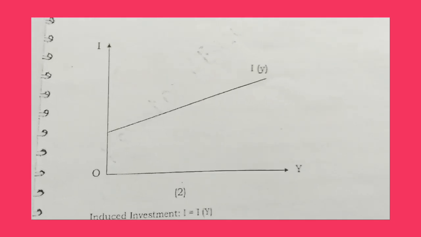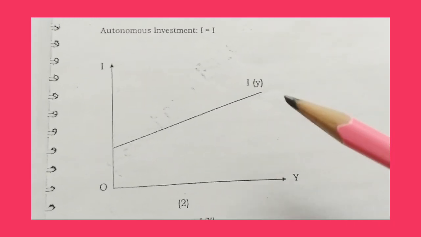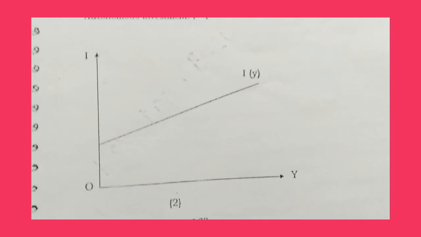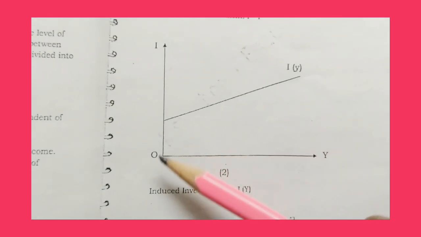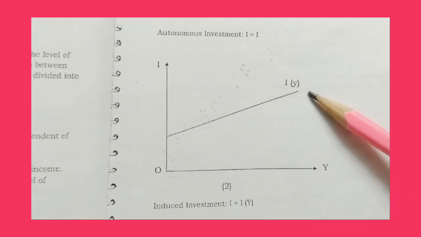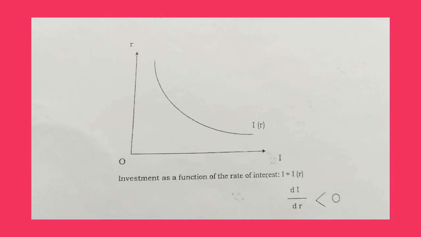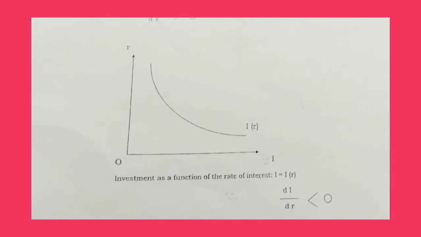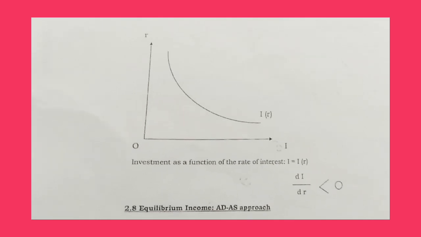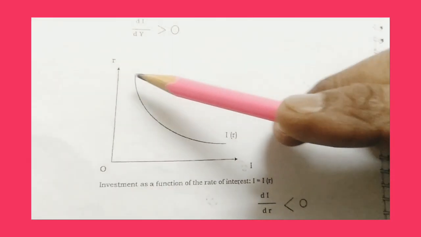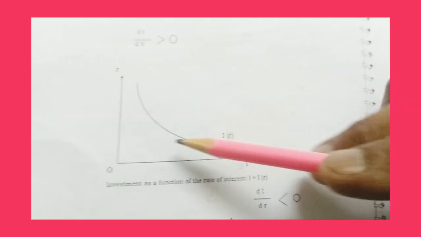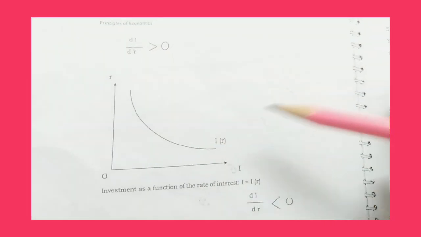Look here in this diagram, this curve shows the induced investment. See, when income increases, the investment is also increasing. This diagram shows the investment that relates to the rate of interest. Here, when the rate of interest is decreasing, the investment is increasing. So, the curve is a downward sloping curve.